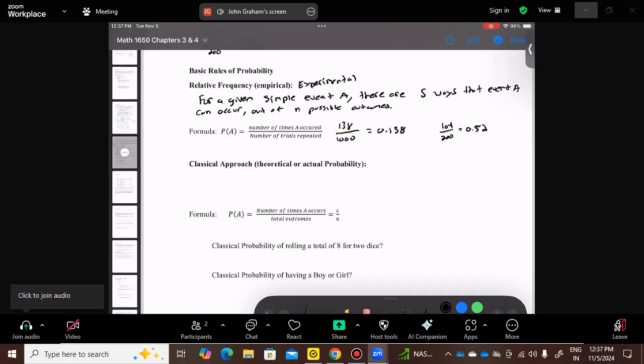For the classical approach, which you can think of as theoretical or actual probability, this is based on mathematics.